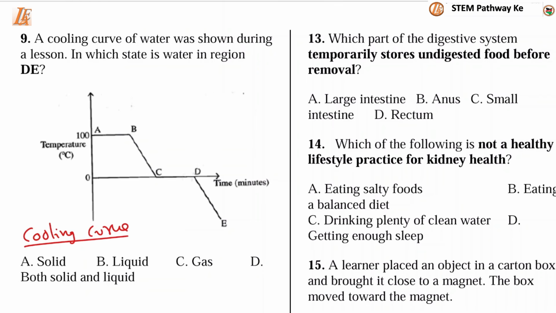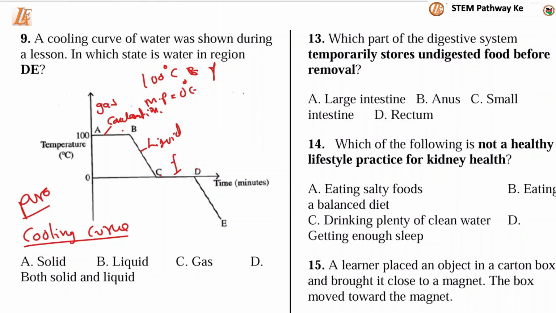And in this case, it's pure water because it has sharp freezing and condensation points. Let's look at AB. In AB, we have condensation. Therefore, this one is liquid water. Then between C and D, we have what we call freezing. The liquid is now changing to a solid. Therefore, after D, it will change to solid.